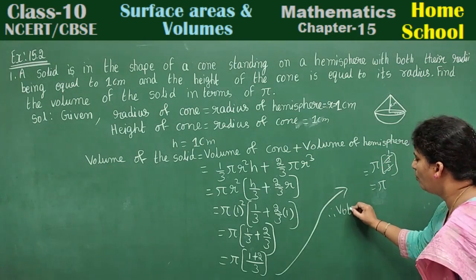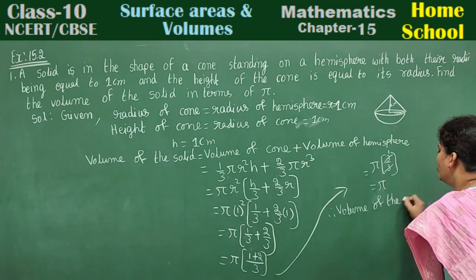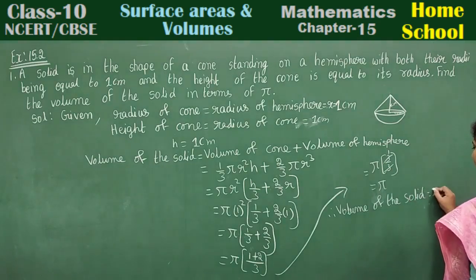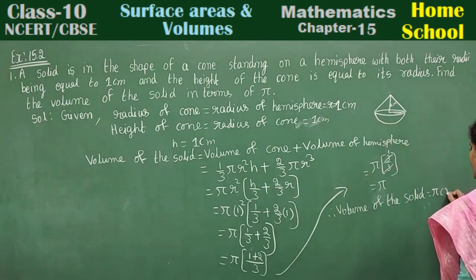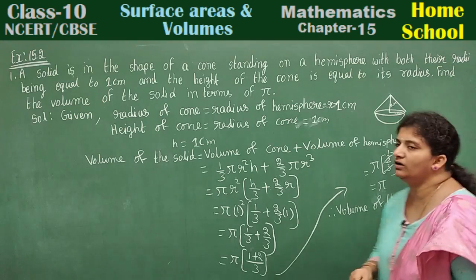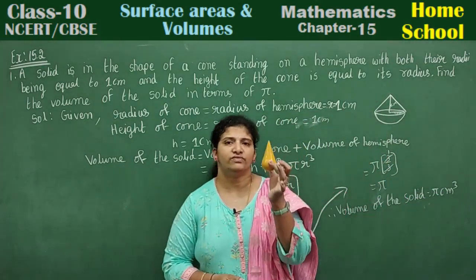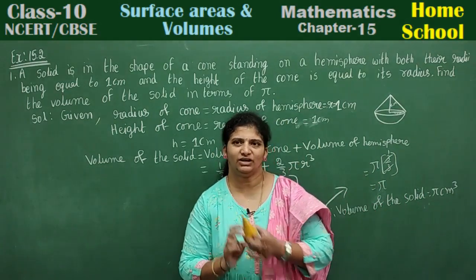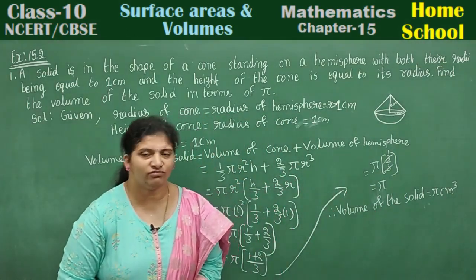Therefore, volume of the solid is equal to pi. Centimeter or meter, which is given? Centimeter. Pi cubic centimeter or pi centimeter cube. Therefore, volume of the given solid is how much? Pi centimeter cube.